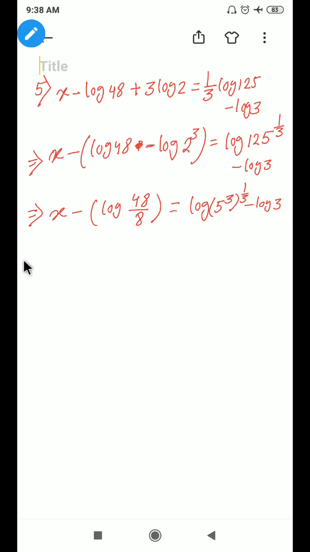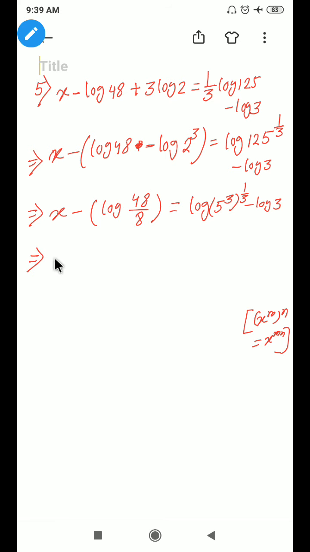And you know that x to the power m whole to the power n means x to the power mn. You can use this formula: 5 to the power 3 whole to the power 1 by 3 will be 5 to the power 3 into 1 by 3, so 3 will be cancelled out.